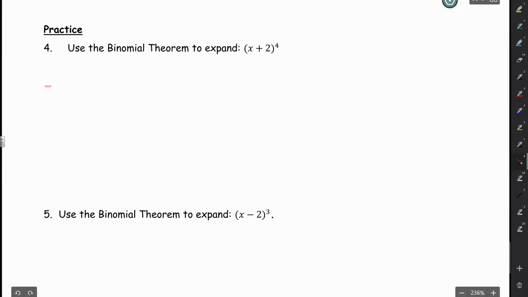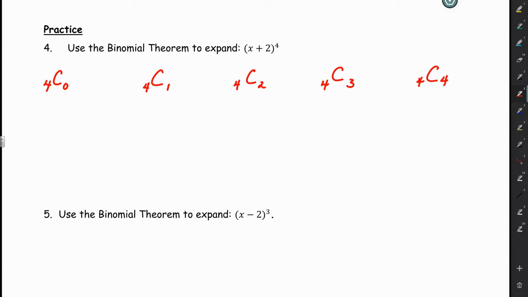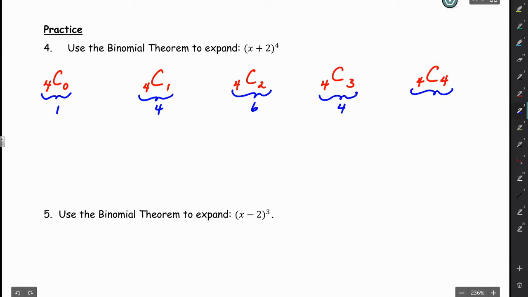So it would be 4 combination 0, then 4 combination 1, 4 combination 2, 4 combination 3, and 4 combination 4. And we would put those in our calculator, which we just did, and we would note that this is just 1, this is just 4, this is just 6, this is 4, and this is 1.